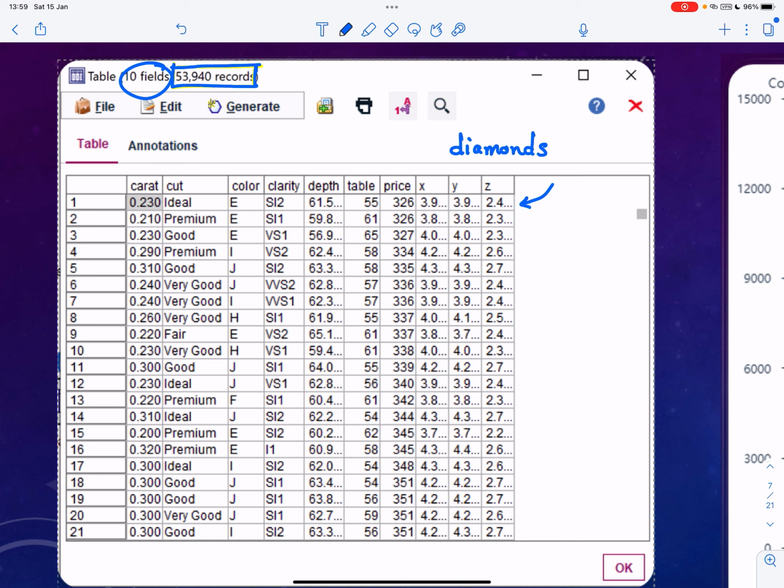And then we have X, Y, Z, the dimensions of the diamond. So it's a good practice now to stop this video and write down the types of these variables. Then play this video again. I will show you what are the types.